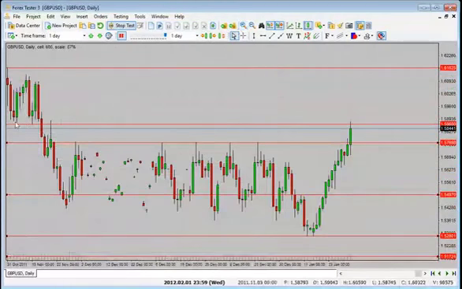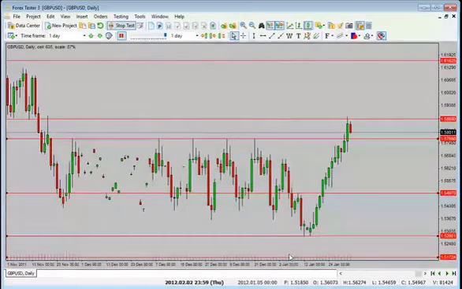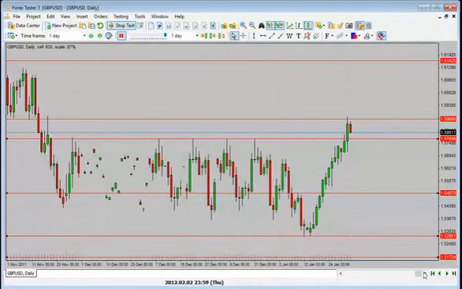So again, because we are into this important support and resistance area, I would be careful, but it does look quite strong here. So let's see. Okay, what now? All right.